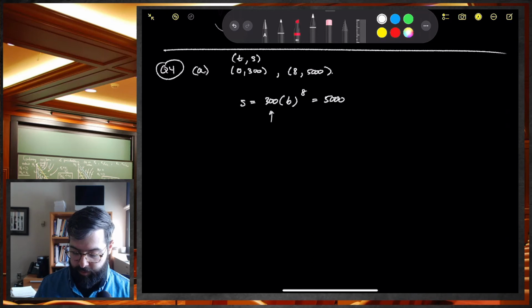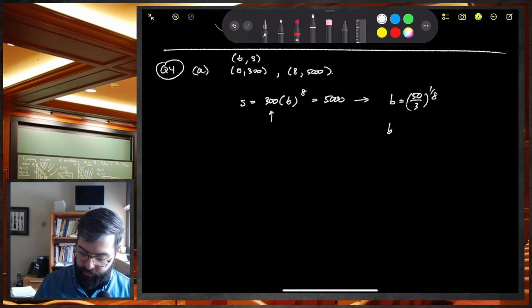So remembering that this A times B to the t, that's the initial value. So very similar to the last problem, solving for B tells us that B is equal to what? 50 over 3 to the 1/8 power. And so that tells us that B is actually 1.4214.